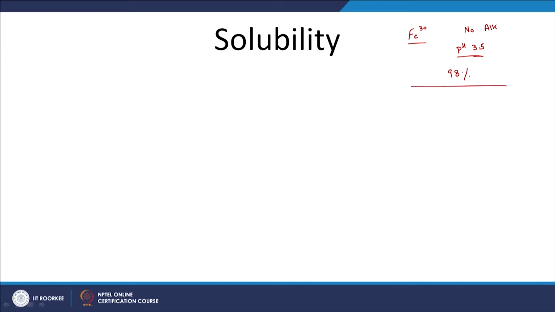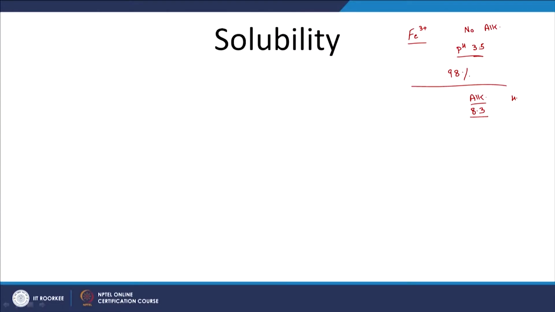And in the second case, we looked at a case where we had some alkalinity and an initial pH of 8.2 or 8.3, I think. Because you have alkalinity, what is alkalinity? It's acid neutralizing capacity, right? So in that particular system, we had HCO3-, and thus it can neutralize any protons or H+ released into the solution.